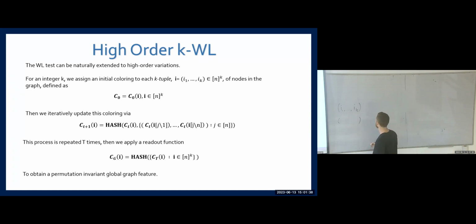For example, for any j up to the graph size, we just change the first index to j and leave all of the other indices identical.